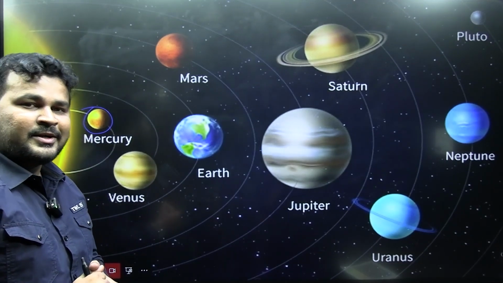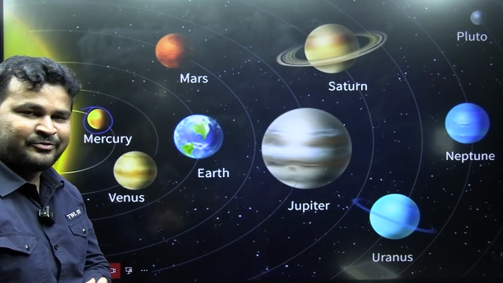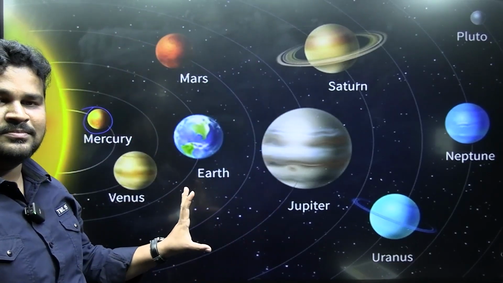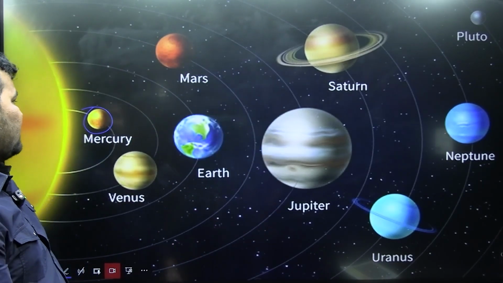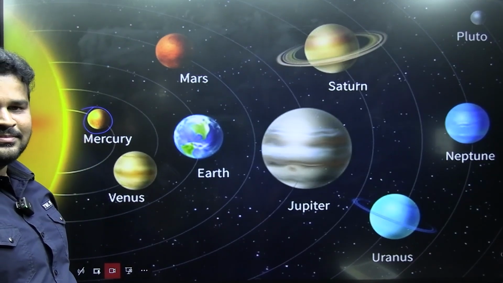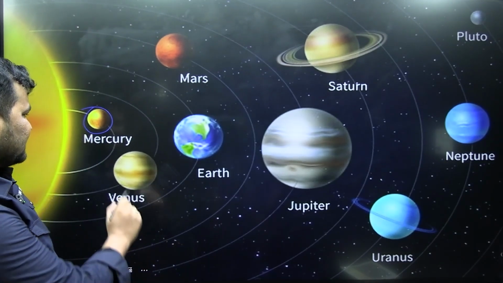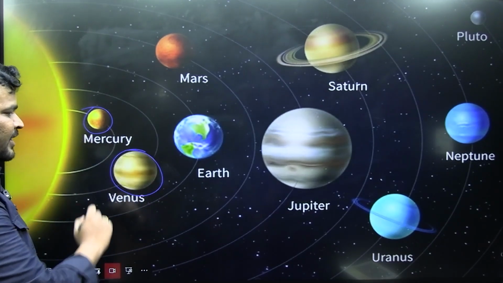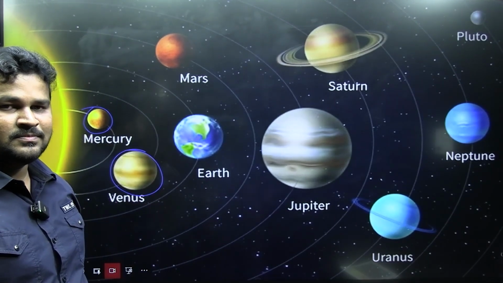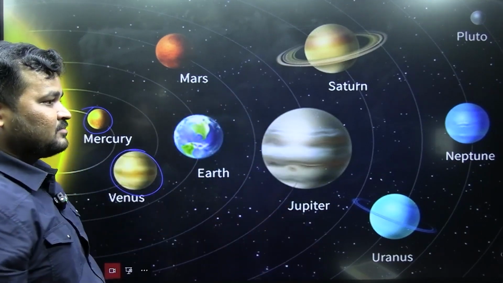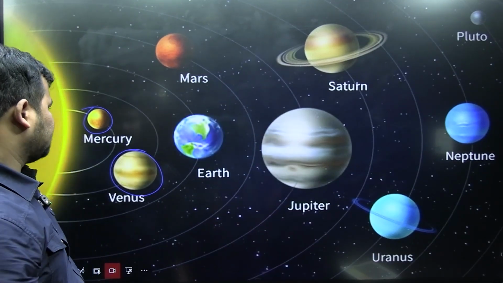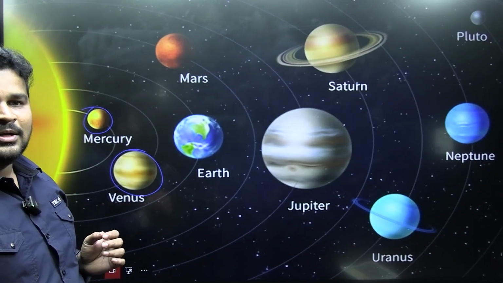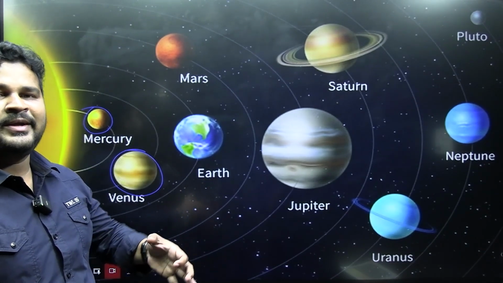What is the hottest planet among the solar system? Can anyone say the answer? Try to think and say. Some are saying the answer is Mercury, but exactly not. Venus is the very hottest planet among the solar system. Some will think that Mercury is very near to the sun, so it might be the hottest.